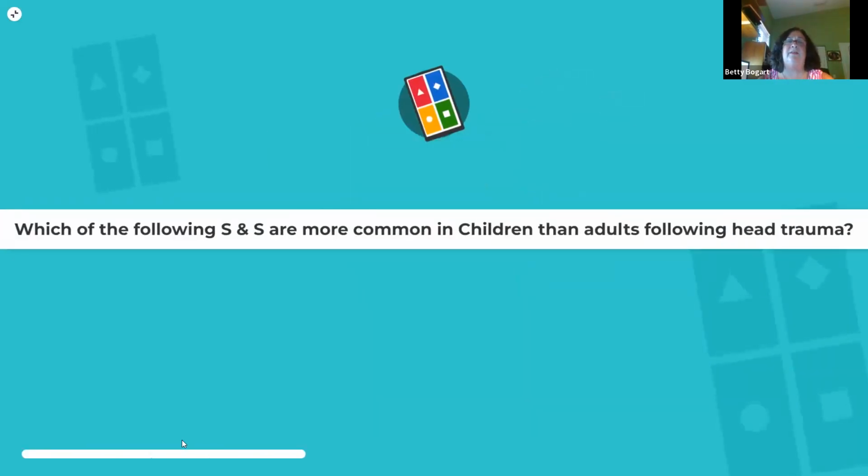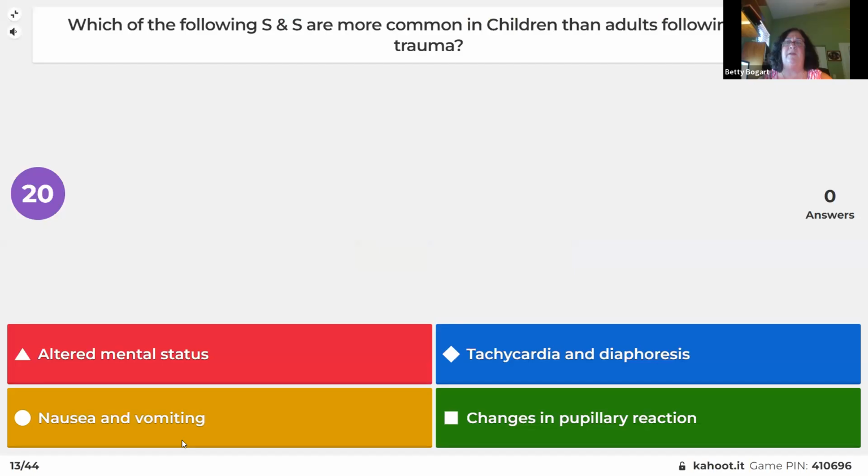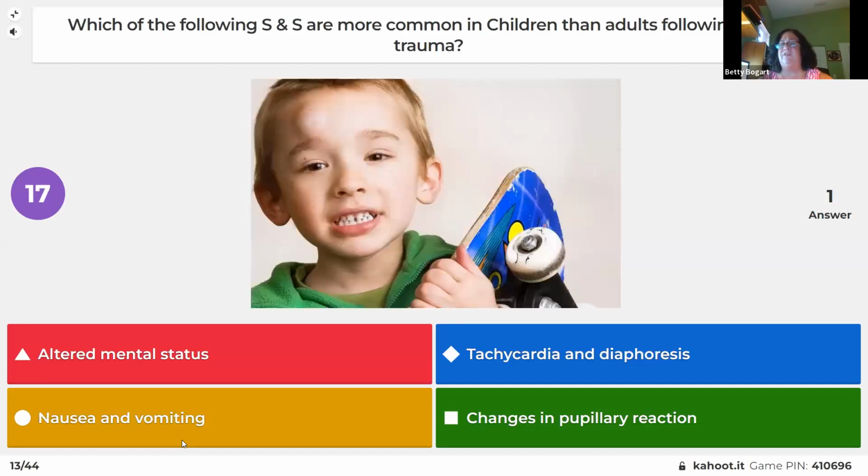Which of the following signs and symptoms are more common in children than adults following a head injury? I've just briefly mentioned it. A little bump on the head looks like my grandson last weekend.